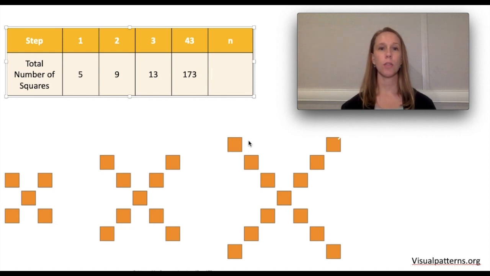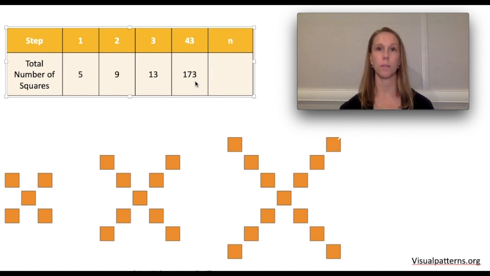Today we're going to start warming up our brain with a visual pattern. You can see on the screen we have a series of X shapes that are growing at a constant rate. And at the bottom, it says squares in step 43 equals 173. I went ahead and organized the information in a table for myself, but if you're able to pause right now, see if you can figure out an expression for any term in this sequence, or the nth term.